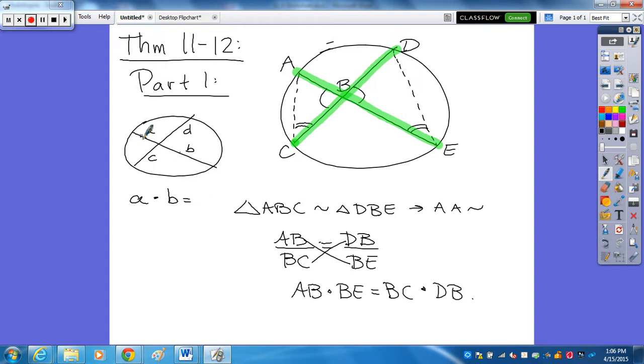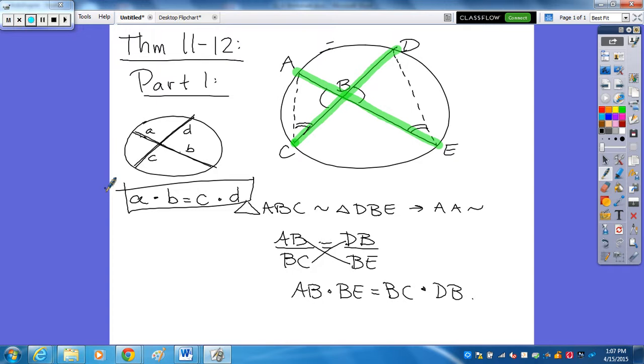Then BC is this segment here, that would be C, times DB, which is D. So the product of the two portions of one chord is equal to the product of the two portions of the other chord. This is the formula you're going to be using for part one of theorem 11.12.